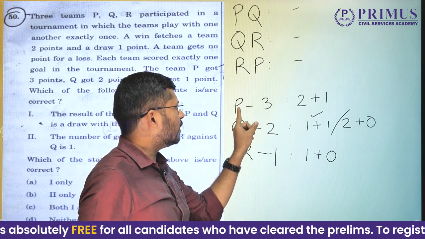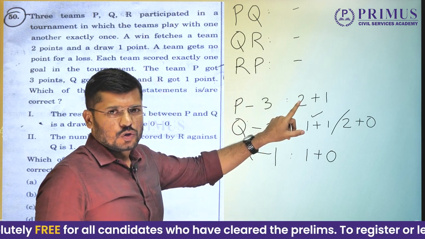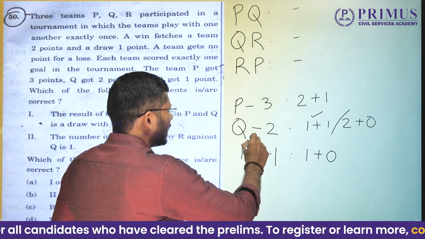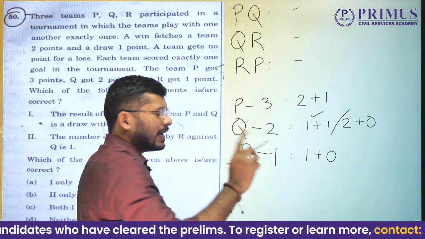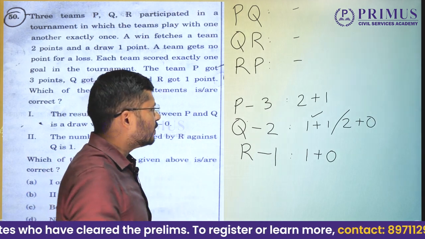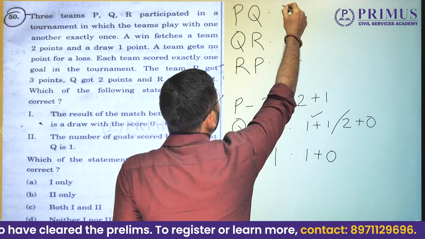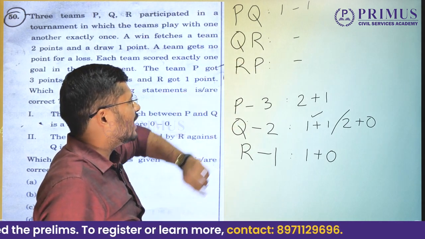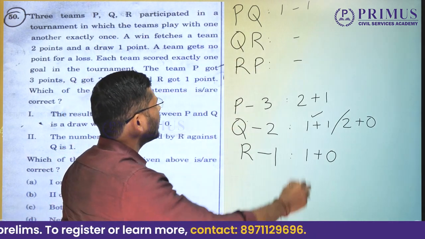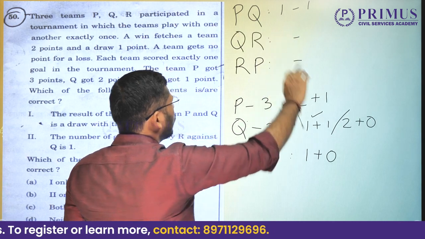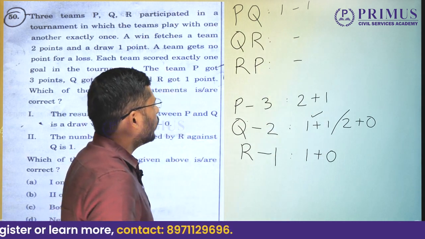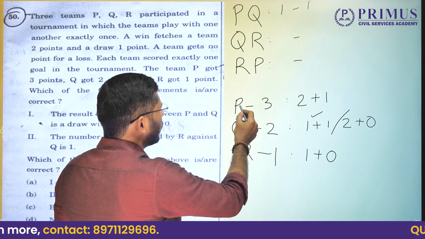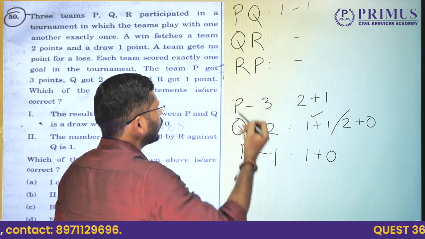P is a team which has not lost, and Q, as per our assumption, has made a draw in both the cases. So we will begin with the assumption that both of them scored a goal each. If they scored 1 goal each, then P and Q's quota of goals is over. So now we need to give a victory for P and another draw for Q.